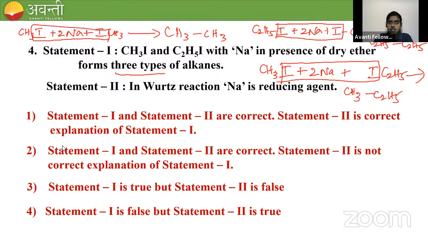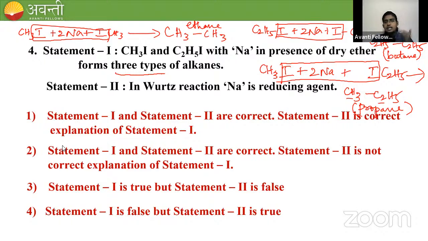So you can see the name of the first product is ethane, the name of the second product is butane since it has 4 carbons, and the name of the third product is propane since it contains 3 carbons. So we are getting 3 types of alkanes for this given alkyl halides.